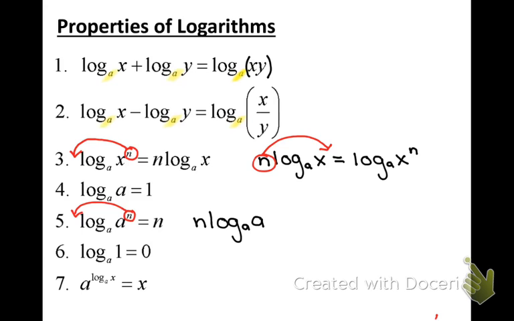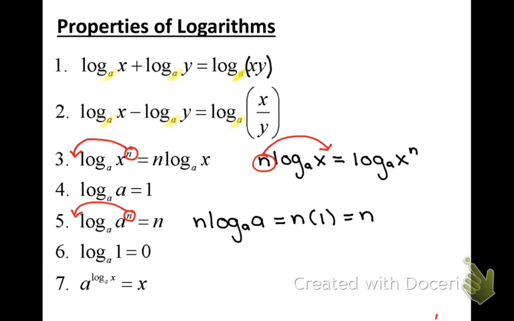But we know that log base a of a is equal to 1. So this would be like n times 1, which is just n. So that's what's going on behind the scenes. But here we can see the shortcut or the property is that log base a of a to the n just equals n.